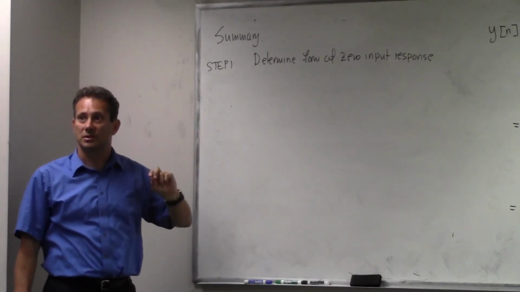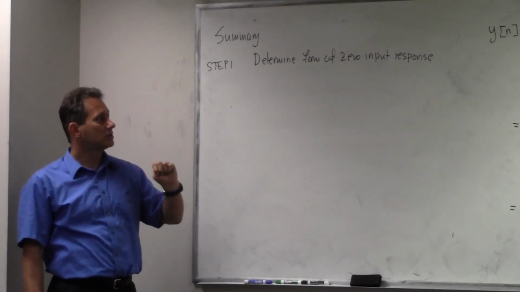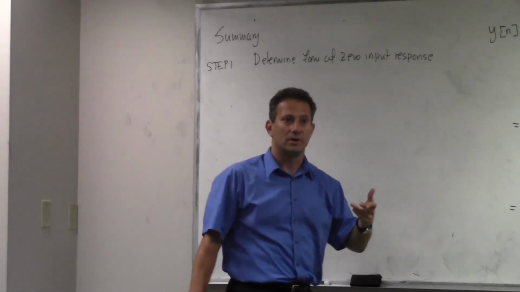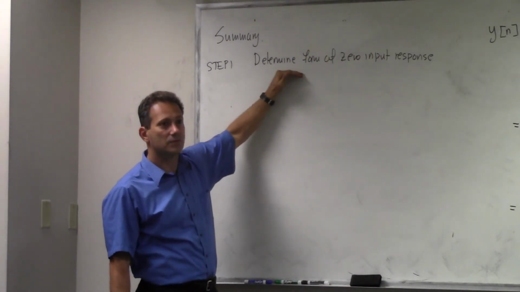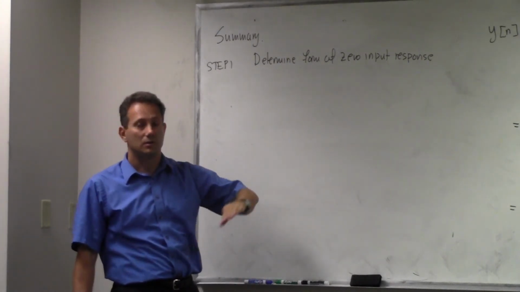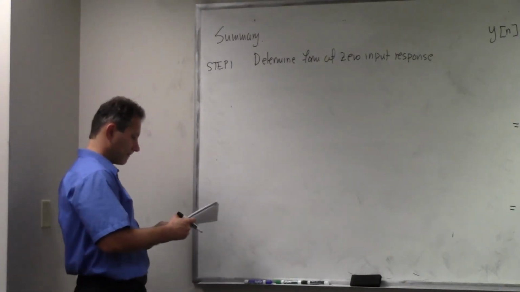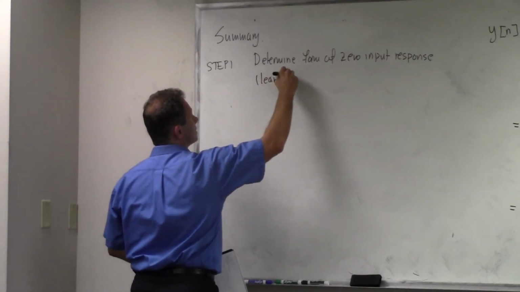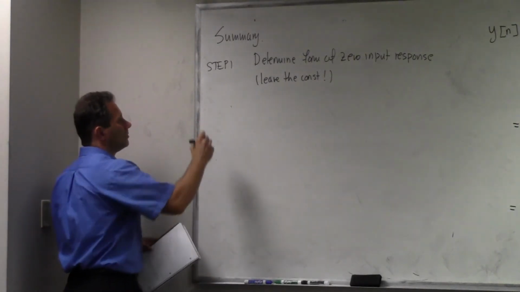Your initial conditions are given taking into account, you know, your input function a lot of times. Therefore, you cannot determine the coefficients C1 and C2 all the way until the very end, like I did here. So at this point, you just determine the form. So I have a comment here, leave the constants. You're going to eliminate them at the very last step.